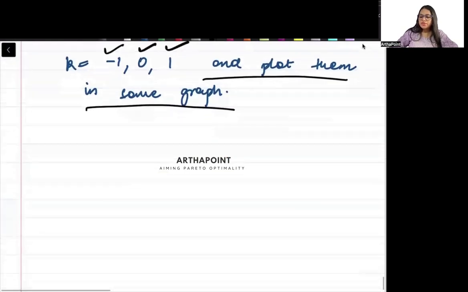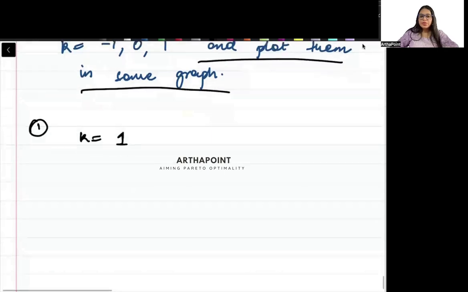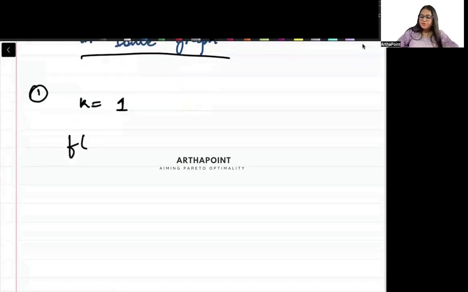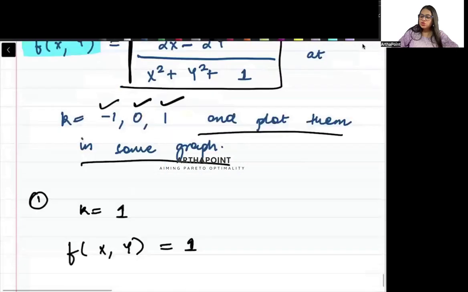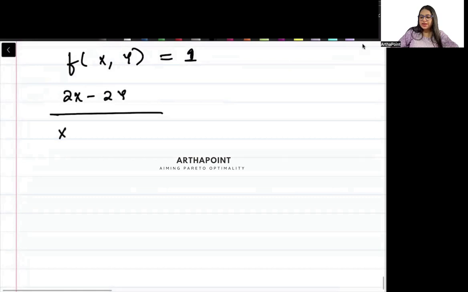So let's start, beta. I will start with the first value, taking k is equal to 1. So I will get f of xy is equal to 1. So my function is 2x minus 2y upon x square plus y square plus 1 is equal to 1.